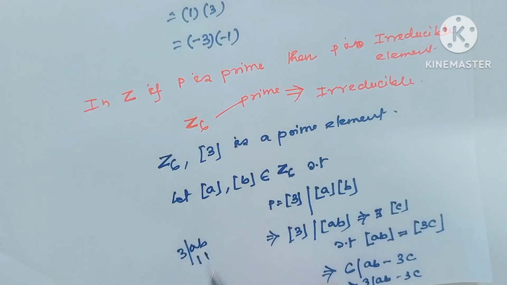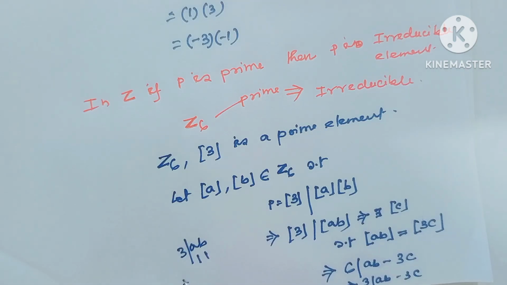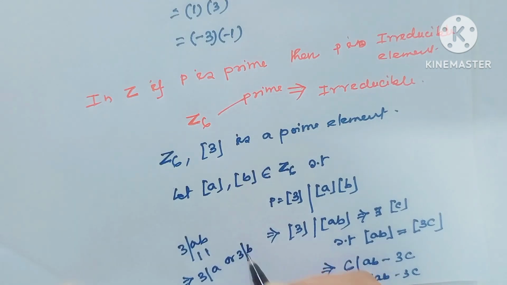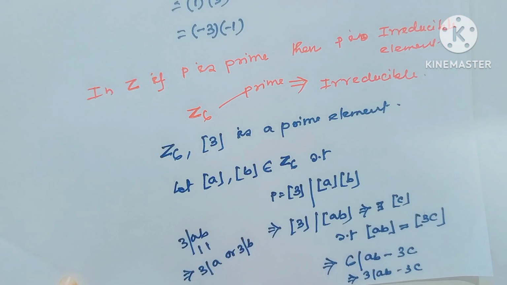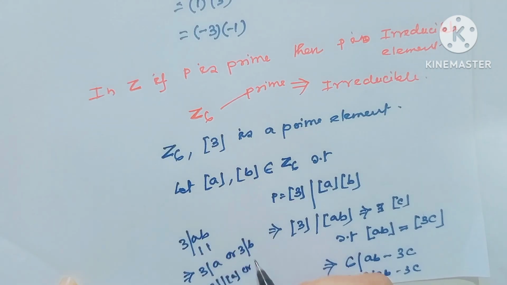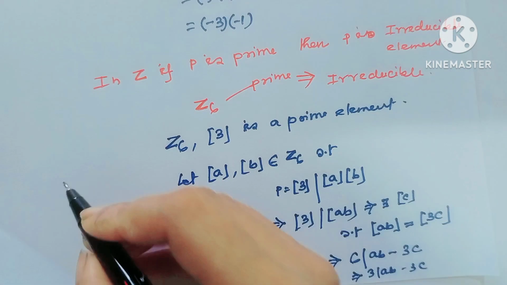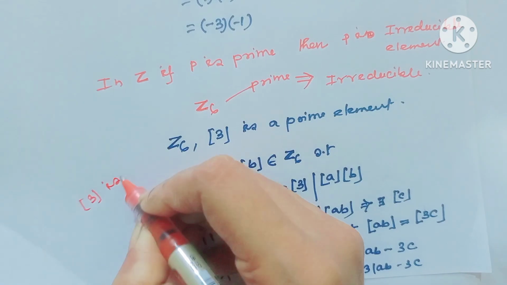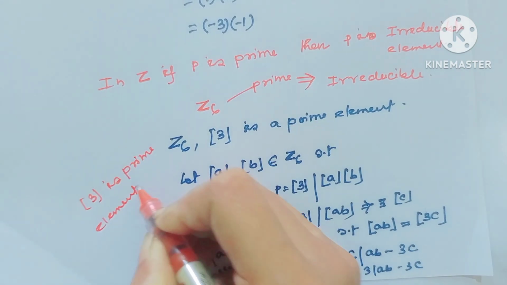Since AB belongs to the integers, either 3 divides A or 3 divides B. That implies either class 3 divides class A or class 3 divides class B. Therefore, class 3 is a prime element in Z6.